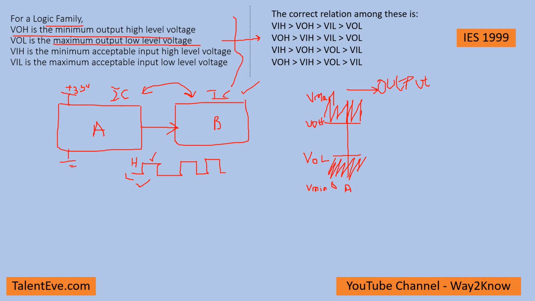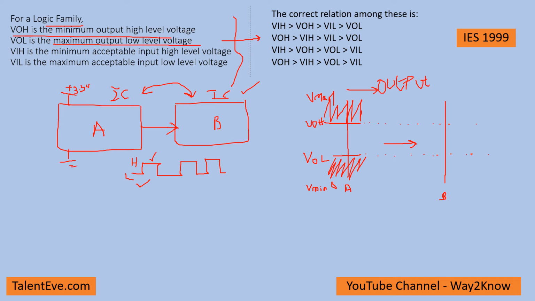Now when you want to transmit these levels to another IC, in this scenario this is B. Okay, now A is transmitting a low, which is up to VOL.